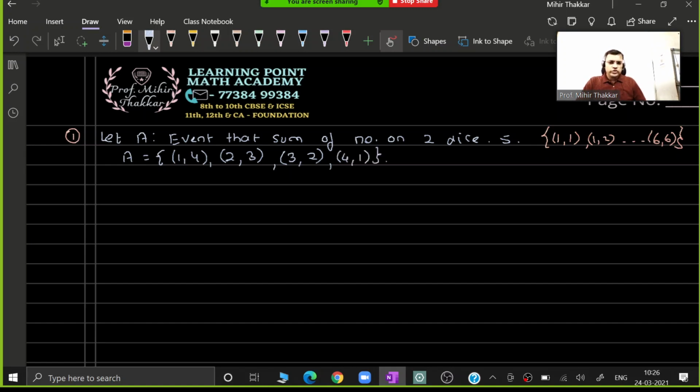So these are the only 4 outcomes that will give you a sum of 5. No other outcome in the sample space of 36 outcomes will give you a total of 5. So I can say that n of A is equal to 4, P of A is equal to 4 upon 36, which is equal to 1 upon 9.